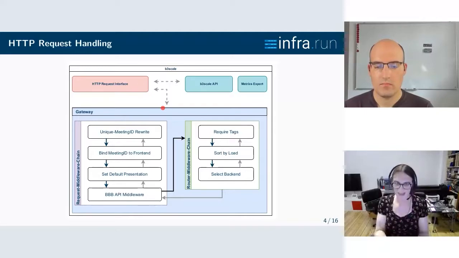So we can chain them all the way down for basically dealing with the requests and dealing with, in a separate middleware chain, finding out basically which backend to select and which backend to pass, for example, the request to.